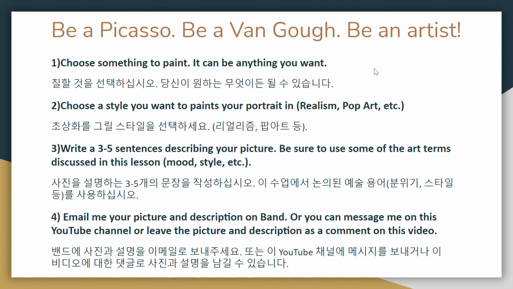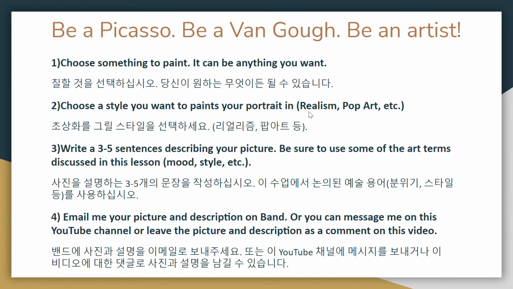It's a rather simple assignment, but just choose something to paint or choose something to draw. Make a picture, right? Make some art. It can be anything you want. You can make a portrait, you can draw your pet or your computer, anything you want. Just make a drawing. Choose a style you want to paint your portrait in.